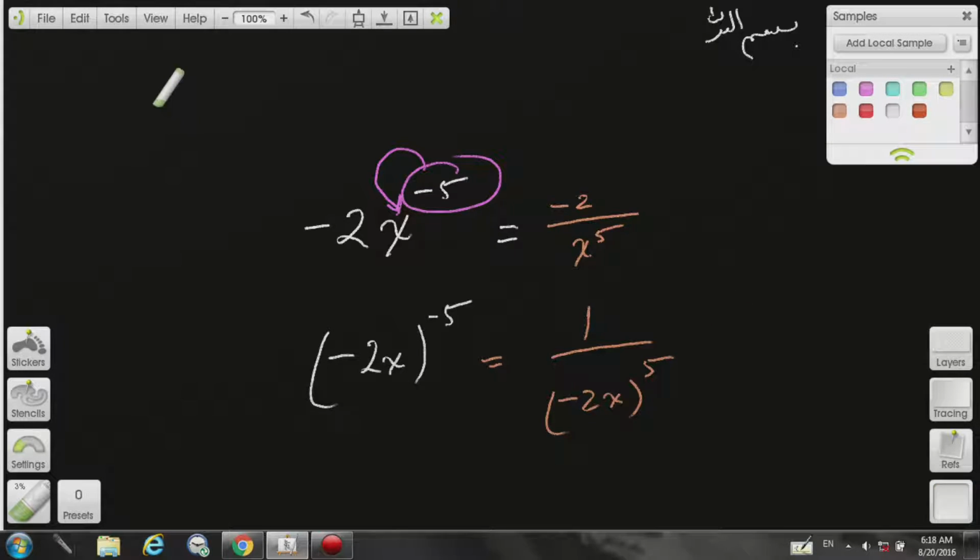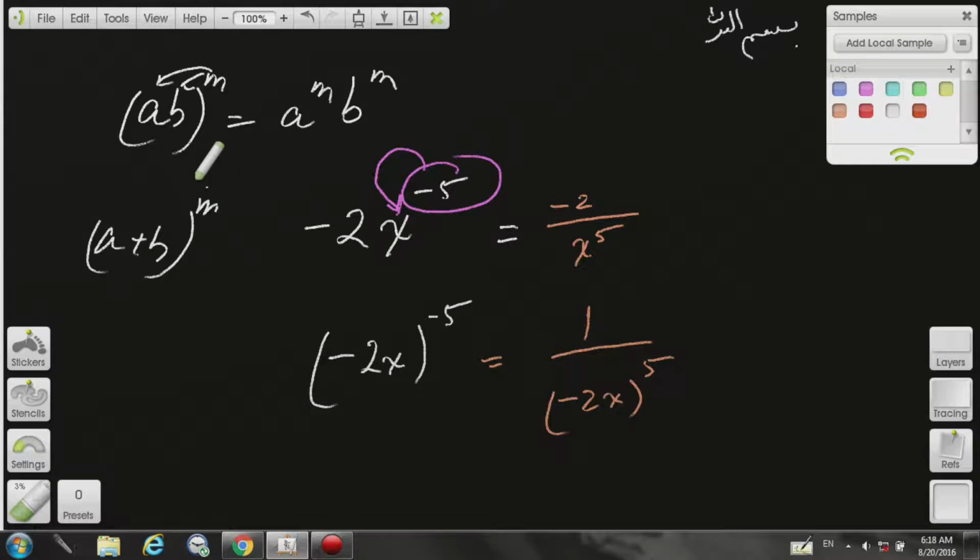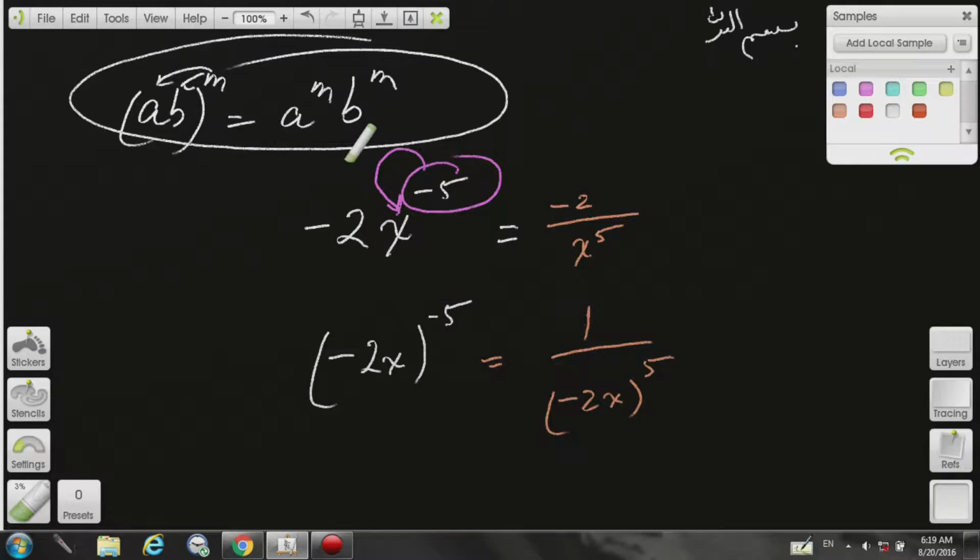Which also reminds me, we have another rule: ab to the m is a to the m times b to the m, distributing the exponent. Now you can't distribute this, of course, that would be wrong. You have to FOIL that, so to speak. So this is one rule also.